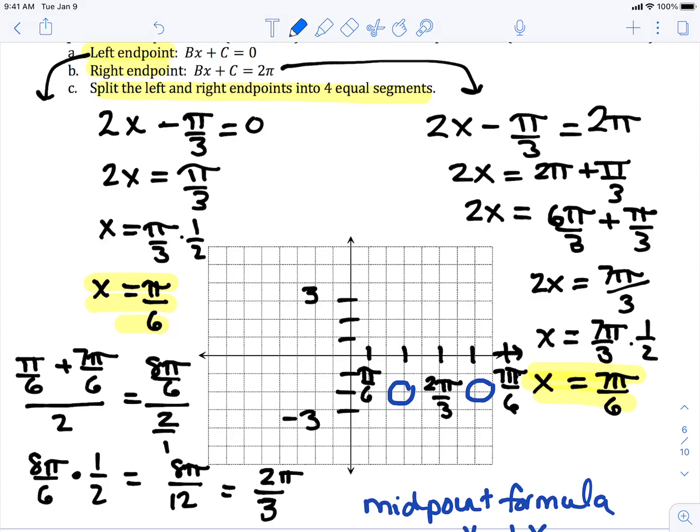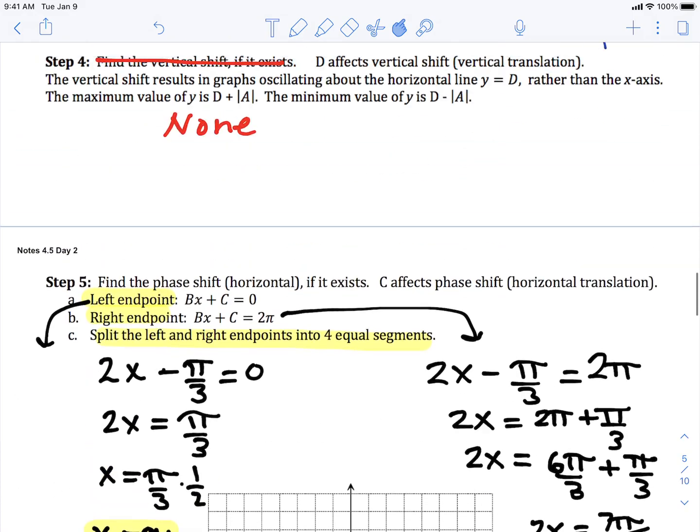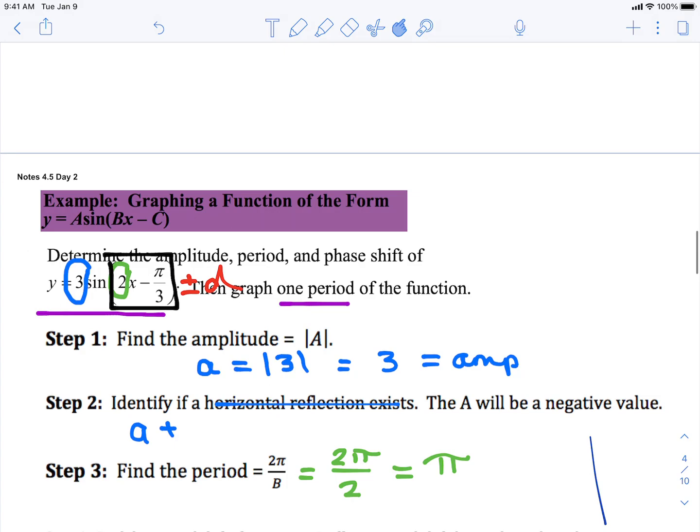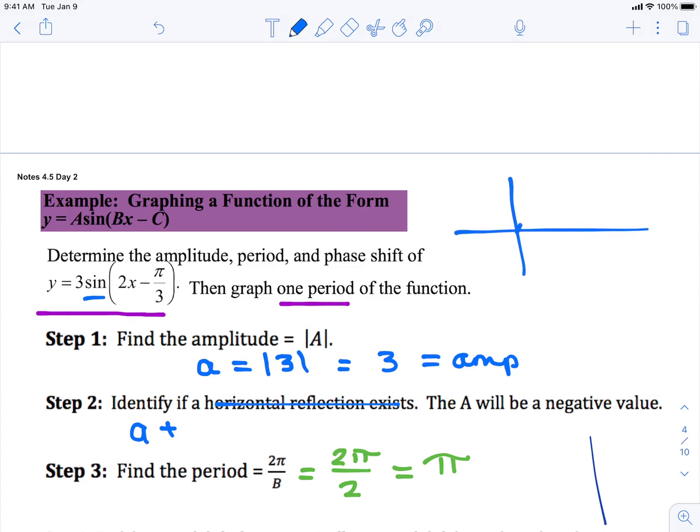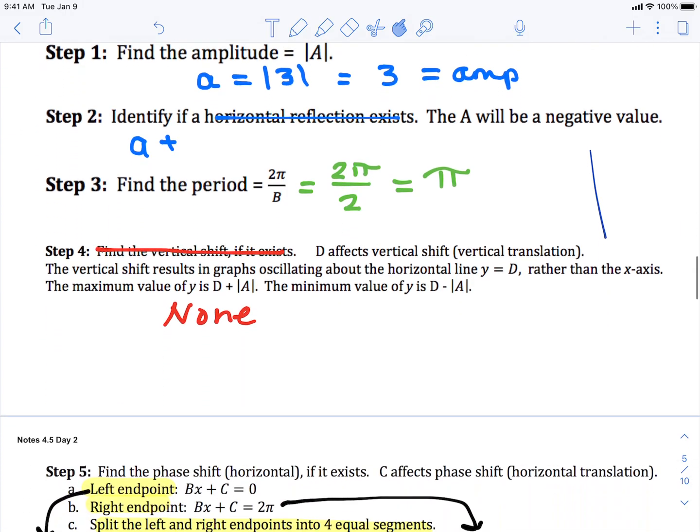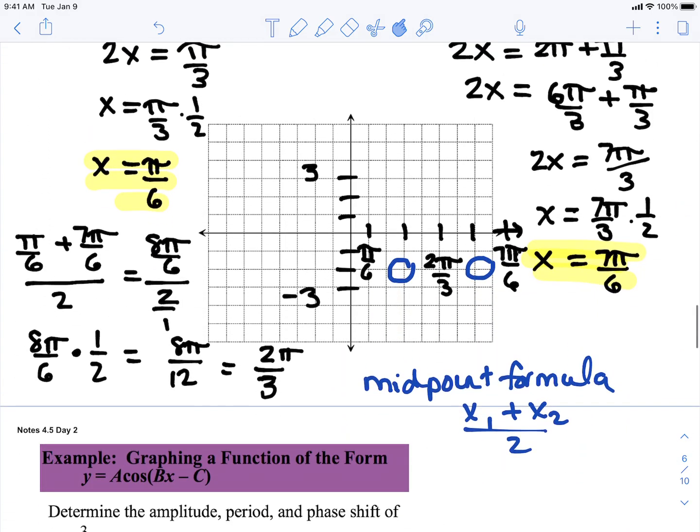Now we're going to graph our function. So if we remember, this is a sine function. The parent for a sine function starts in the middle, goes up, and then comes back down. So we're going to do that same pattern. So it starts in the middle, works its way up to that first increment, the middle, the next increment at the bottom, and then the middle.